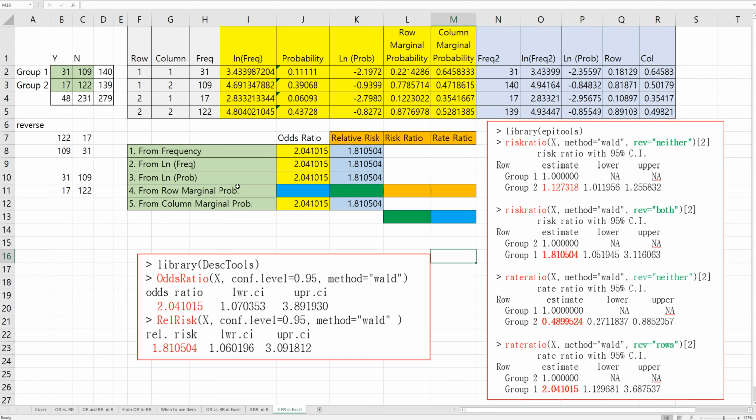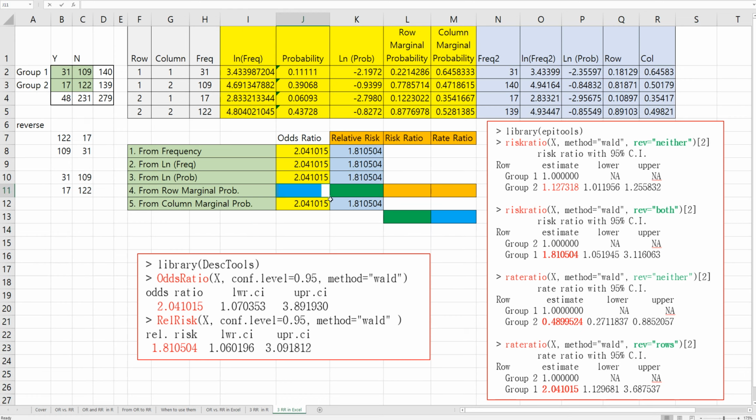Again, in the previous video, I showed you how to calculate odds ratio and relative risk by different methods. So in this video, let me use only row marginal probability to help you understand how to calculate these statistics, and also to help you understand the relationship among them.